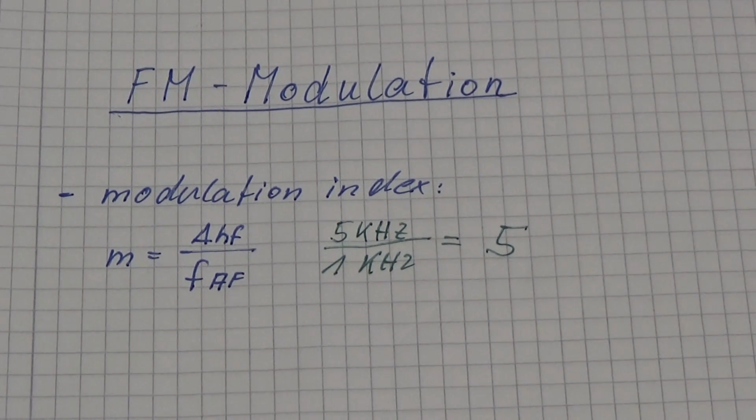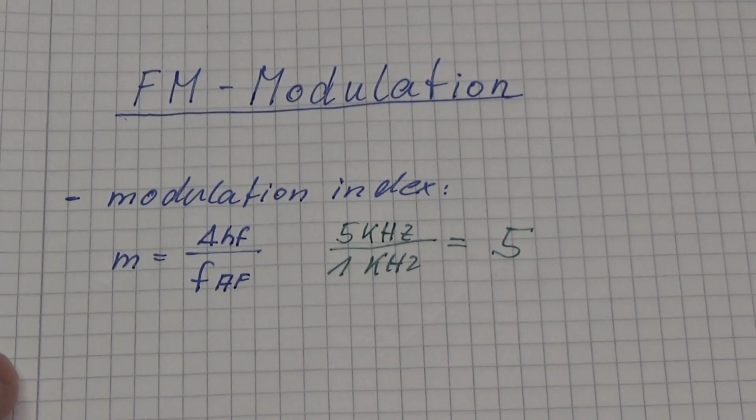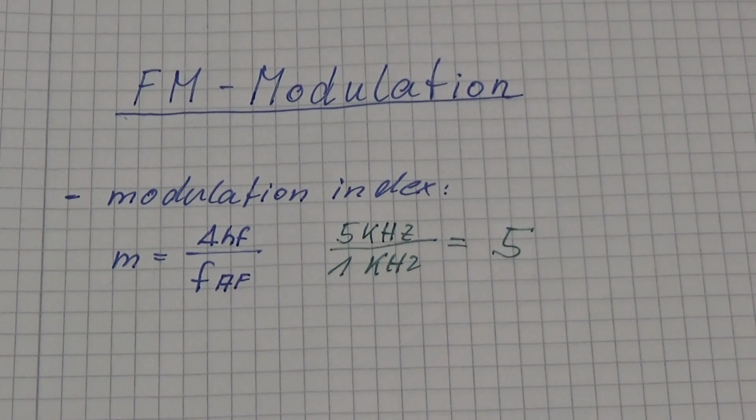So that means where our modulation index is smaller than 1, or we have, let me call it, a wideband, where it is between 1 and 10 modulation index, or we have our ultra wideband modulation, where it is greater than 10.